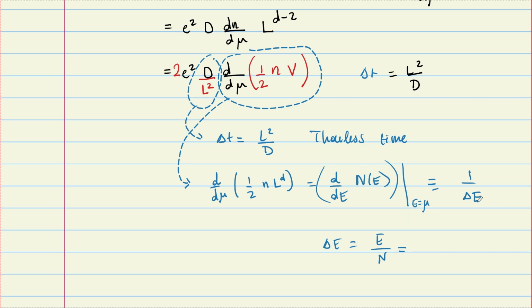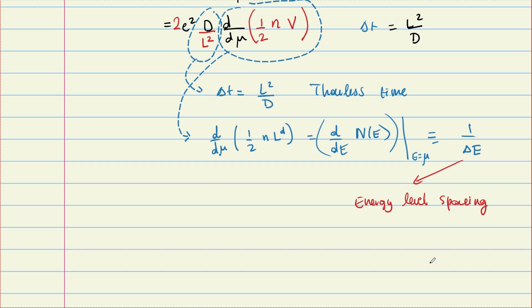This is the typical energy level spacing. Good. And at the end, what we have for G is 2e squared.